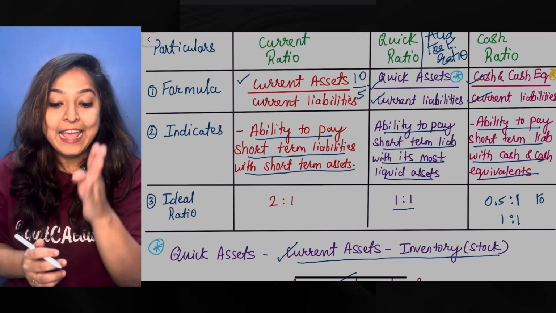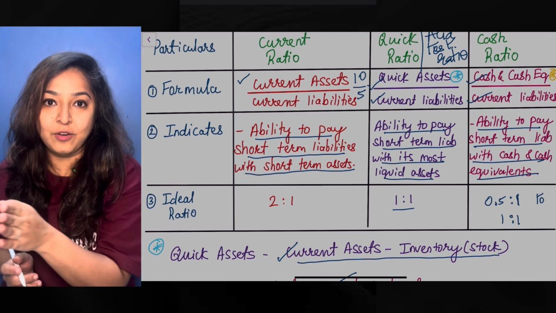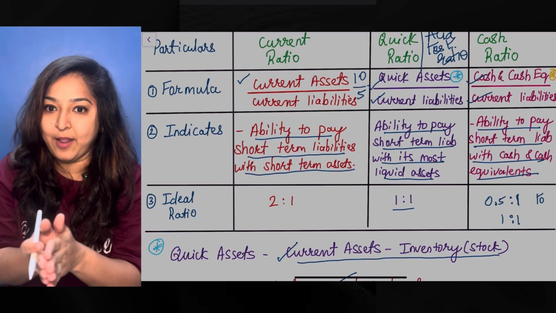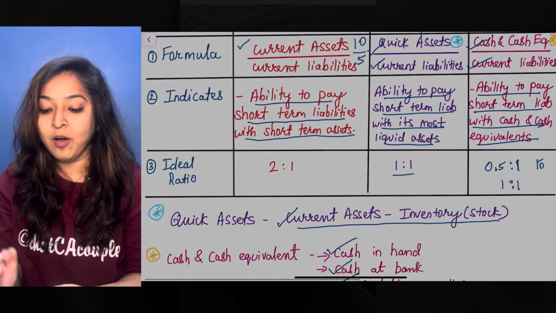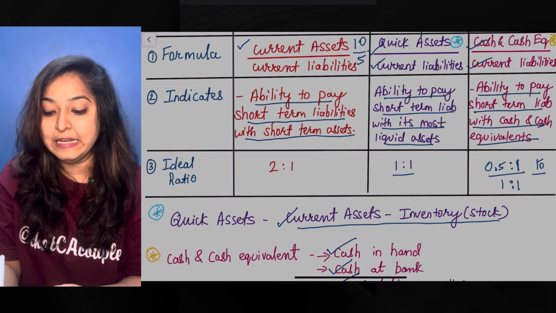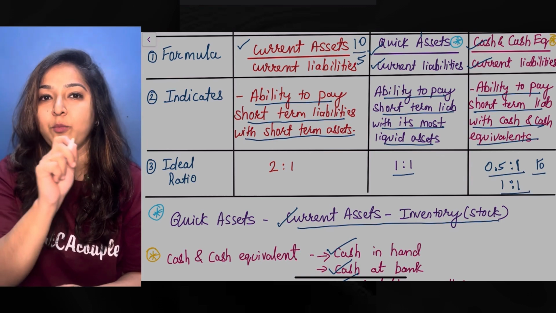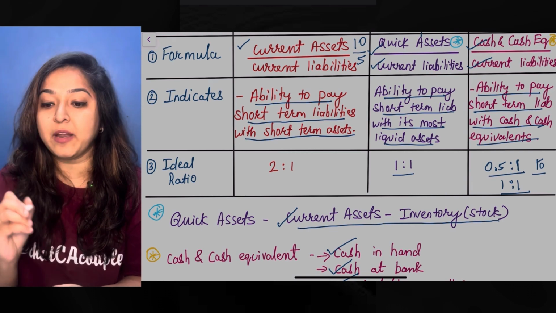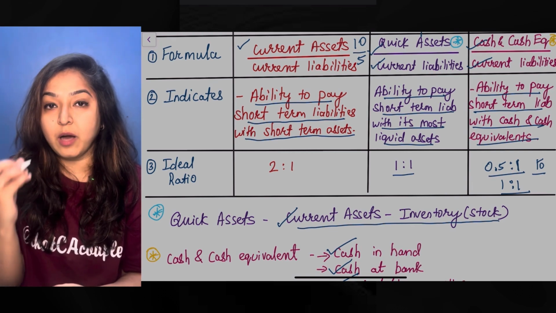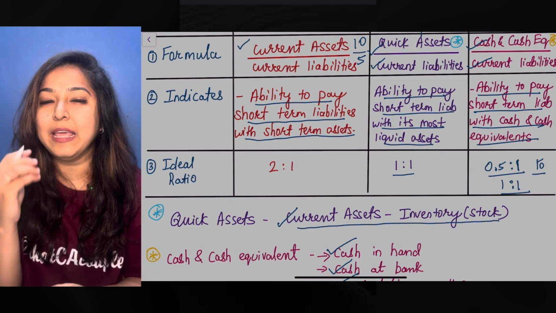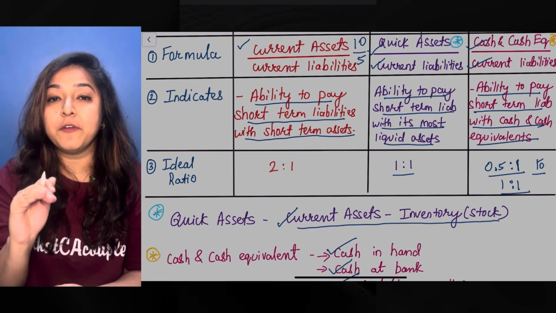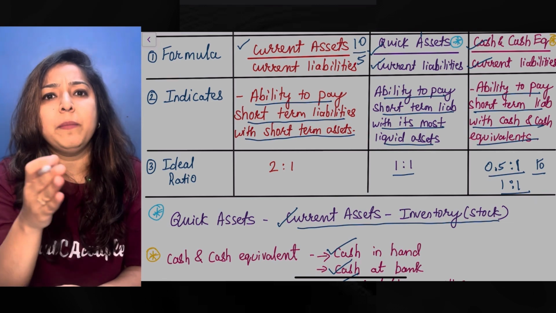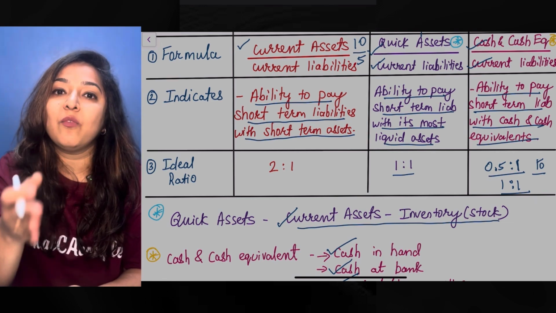Let's understand that as we progress through the ratios, the numerator becomes narrower and narrower and narrower. All right. So here the ideal ratio is anything between 0.5 is to 1 to 1 is to 1, which means for every current liability that I have, even if I have half of it in cash and cash equivalents, I will be good, because of course there will be other assets which will cover the rest.